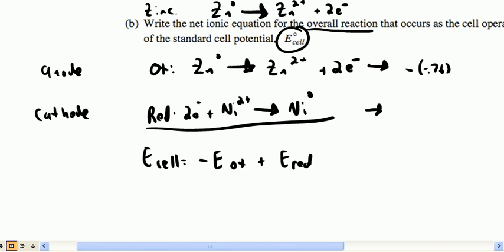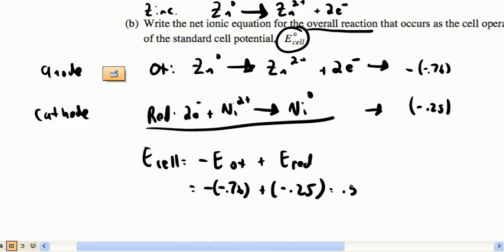And the value for nickel is negative 0.25. So I'm going to have a negative 0.76 plus a negative 0.25. So it's going to be 0.76 minus 0.25. So this should be 0.51 volts.